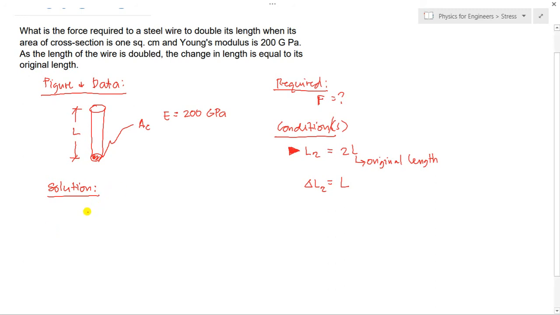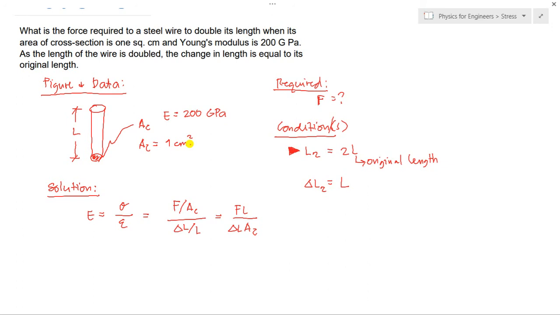Hooke's law defines E as the stress over the strain, wherein our stress in terms of applied force is force over the cross-sectional area, all over the elongation delta L, all over L. Rearranging, we have E equals force times L over delta L times A. And we all know, class, that A equals 1 square centimeter is given.